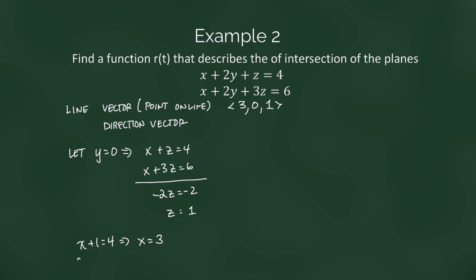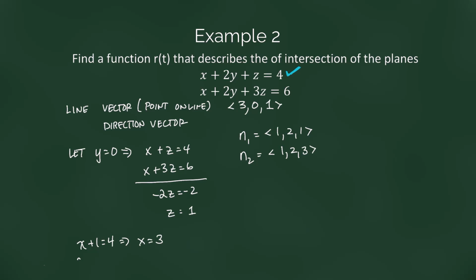Now we need a direction vector. Well, we know that the vector n1, which is 1, 2, 1, is perpendicular to this first plane because it is the normal vector for that plane. Similarly, the vector n2, using the coefficients from the second equation, 1, 2, 3, is going to be perpendicular to the second plane.